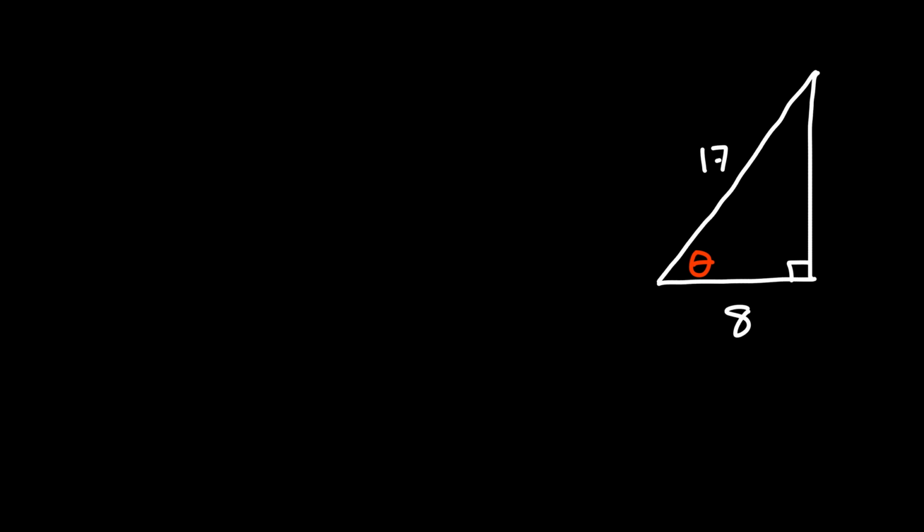I have a right angle triangle, and in this example, I have been given 2 sides only, which is 17 and 8. In this case, I have to find the third side. I have to use the Pythagoras theorem, which is a square plus b square equals c square, where c represents the hypotenuse and this is a, this is b.